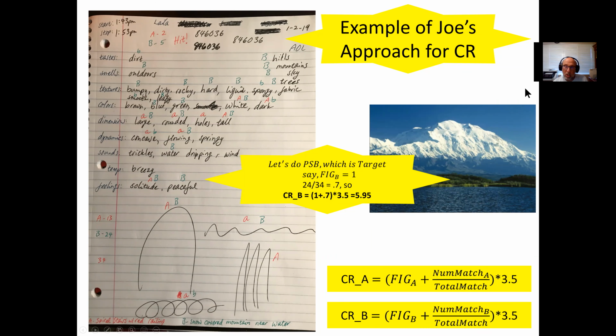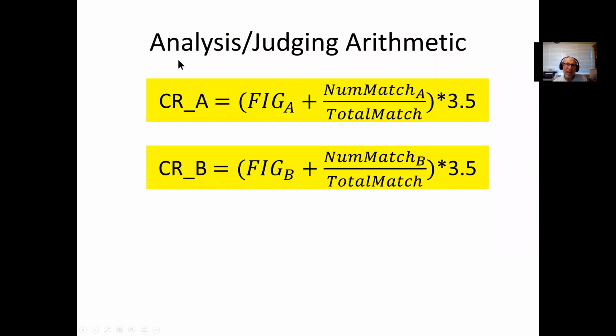So that's the approach. Again, I'm just summarizing the arithmetic. The first impression gestalt between 0 and 1. The number of matches with photo site A divided by the total, that sum multiplied by 3.5, and similarly for B.